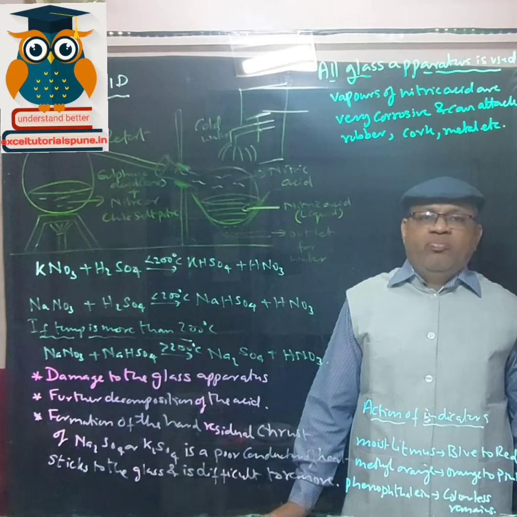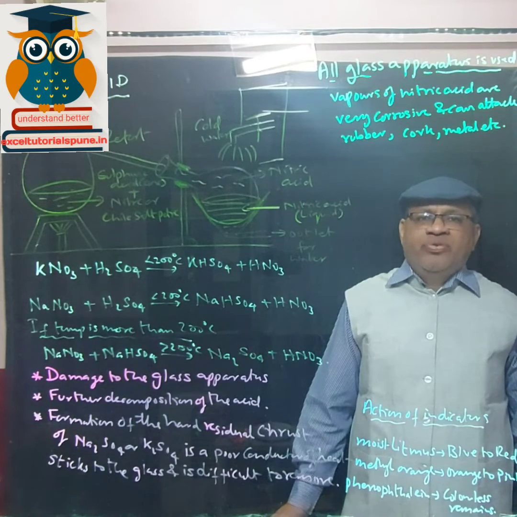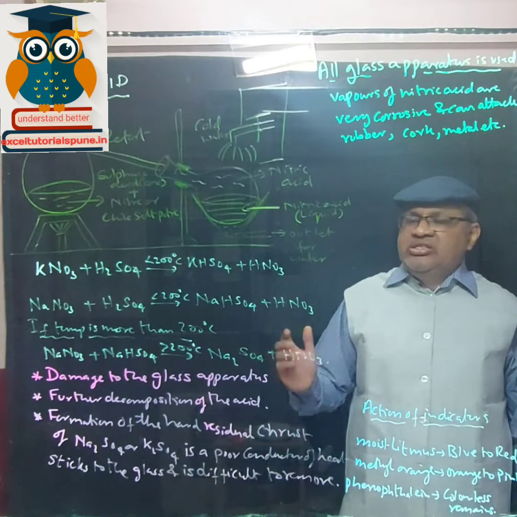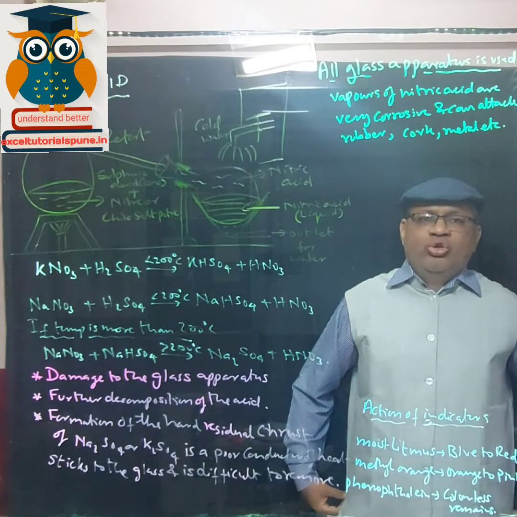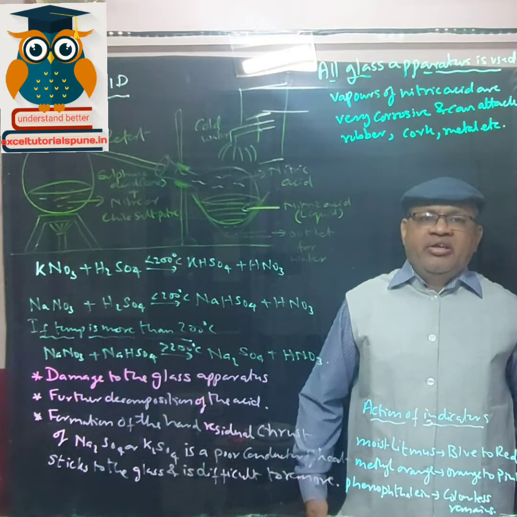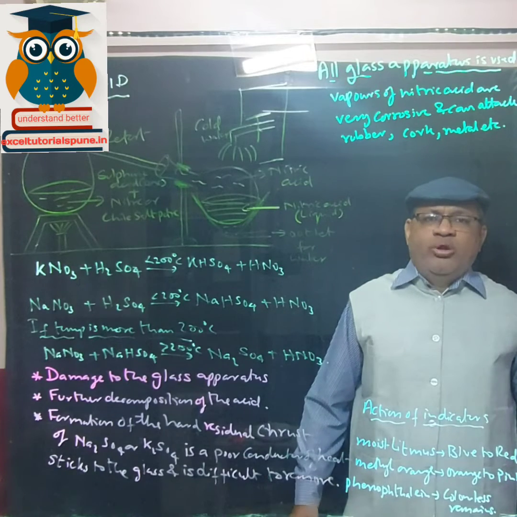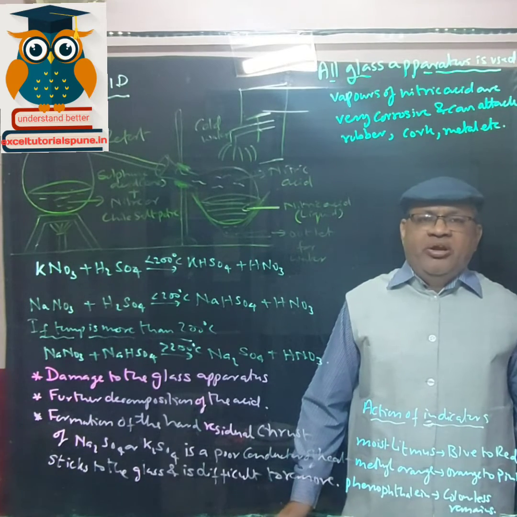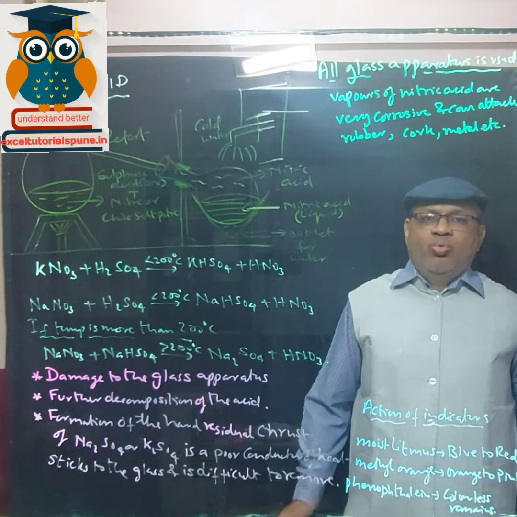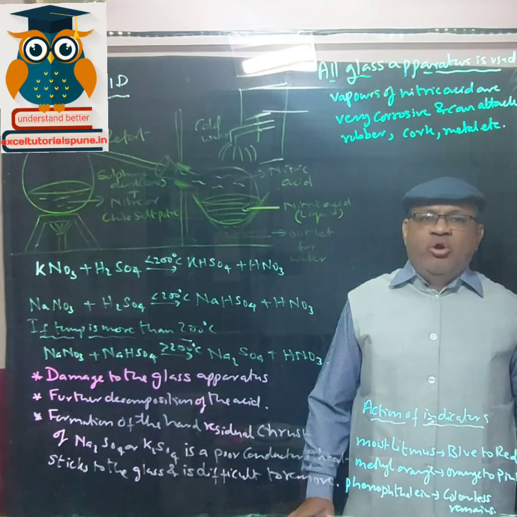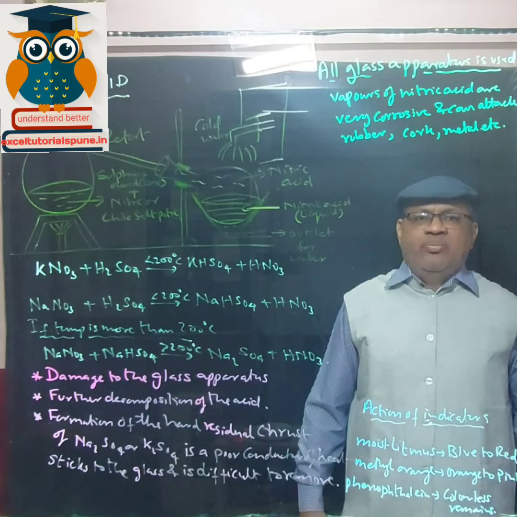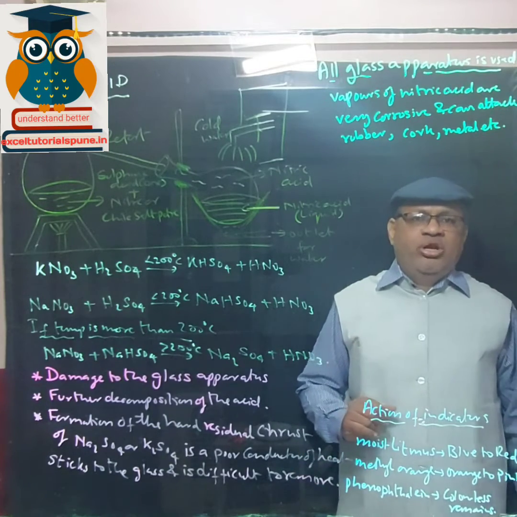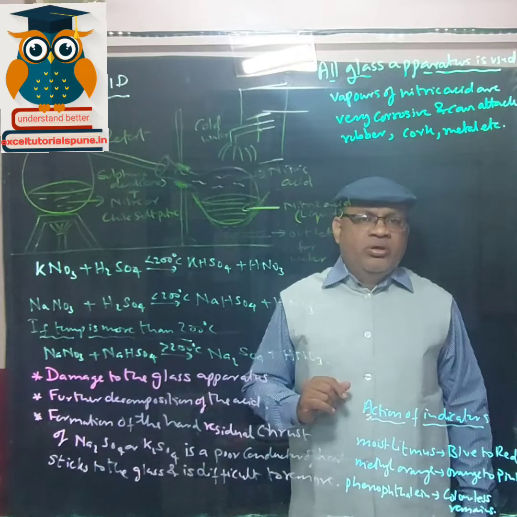You know that boiling point of water is 100 degrees Celsius, and since the boiling point of nitric acid is 121 degrees Celsius, when you heat it above 100 degrees Celsius, you expect all the water to get evaporated. But nothing like that happens. Both water and nitric acid evaporate at 121 degrees Celsius because they have formed a constant boiling mixture. We have studied about constant boiling mixture in HCl also.